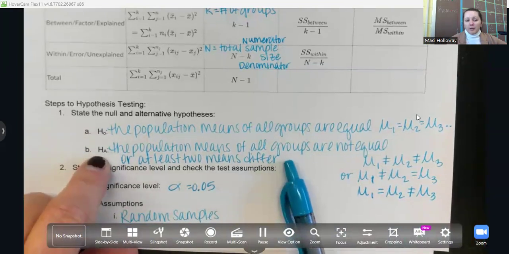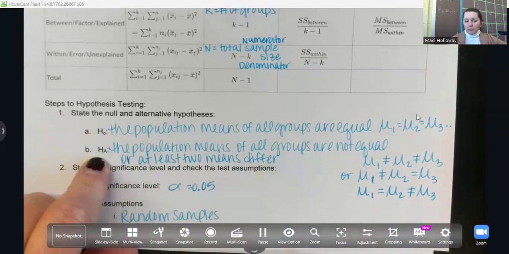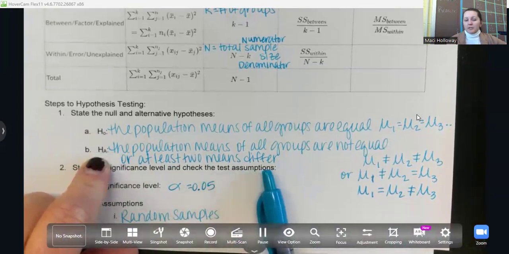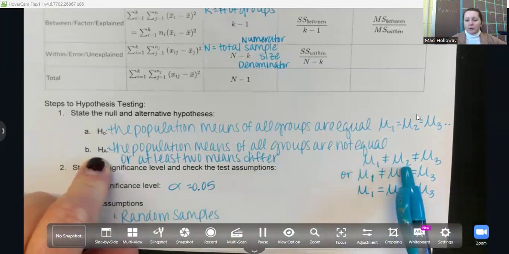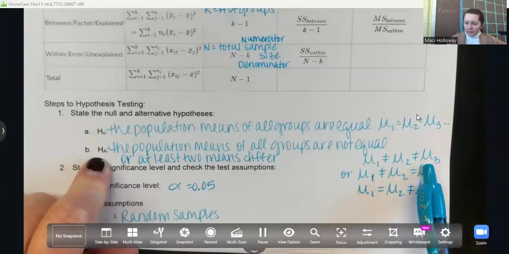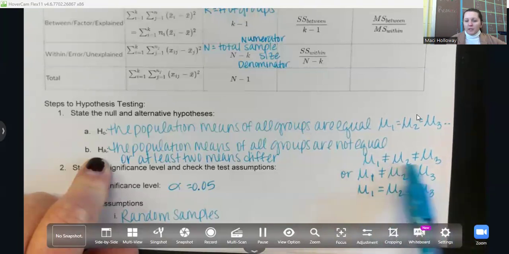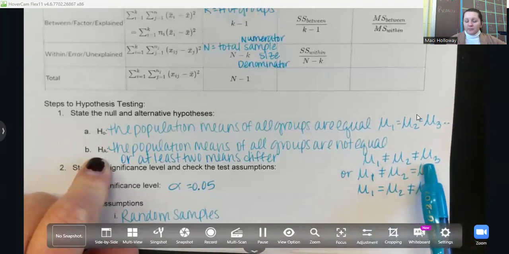The alternative hypothesis would be stating that the population means of all groups are not equal, or at least two means differ. So thinking about our Coke analogy, the null would mean that the caffeine effects of Coke would equal the caffeine effects of Fanta, would equal the caffeine effects of root beer. Or would not equal, sorry, that would be your alternative hypothesis.